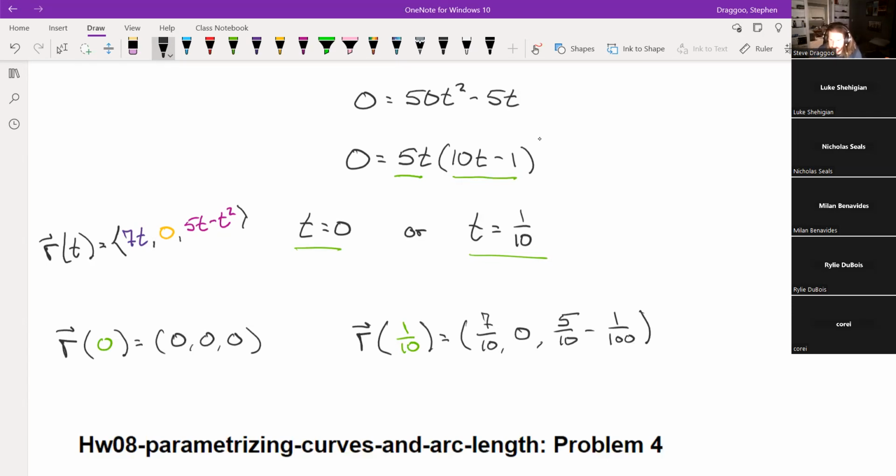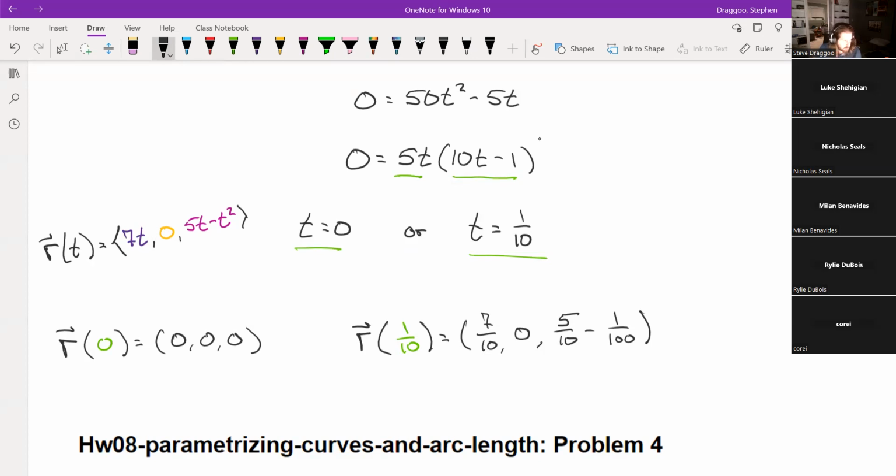I suppose it could be a position vector, but we don't need to bother with that. We'll just call it a point. Cool, so 7 over 10, 0, and if I wanted to simplify that, 49 over 100, I think. 50 over 100 minus 1 over 100. Yeah, it's 49 over 100. Cool, so that one's not so bad.